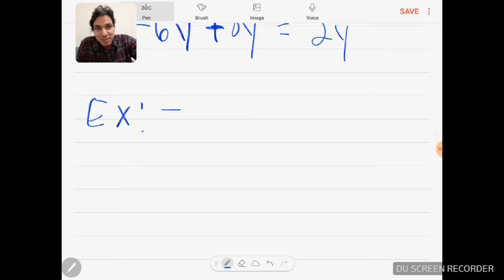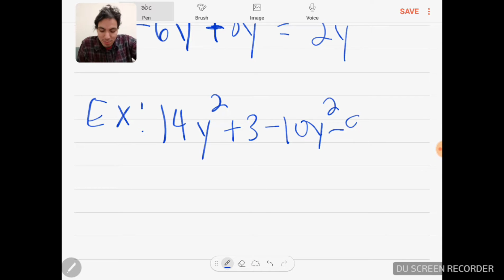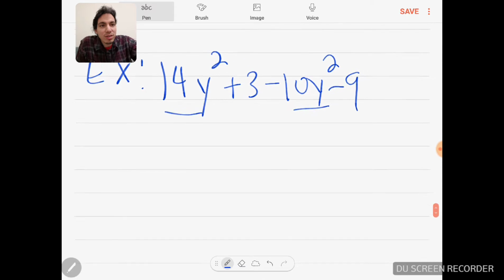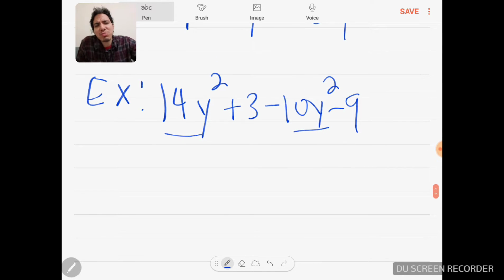Let's say, whoopsie, that's ugly. 14y squared plus 3 minus 10y minus 9. Okay, so like how I explained in the other example, it's good to underline all the variable terms together. Think of it as you're doing laundry and you're sorting shoes with shoes, socks with socks, shirts with shirts, and so forth.